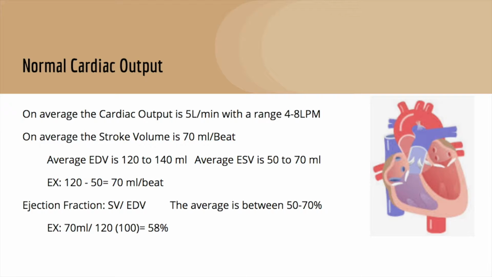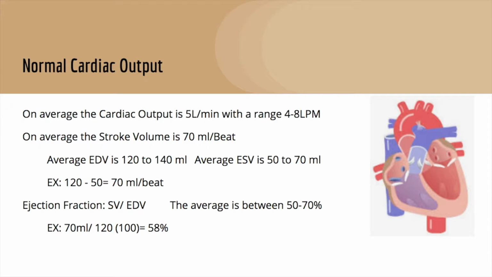What's also related to this is the ejection fraction. It could be viewed as the percentage of blood that's actually being ejected from the left ventricle that works its way systemically throughout the body. That formula is stroke volume divided by the end diastolic volume.